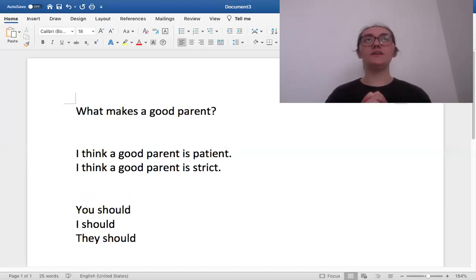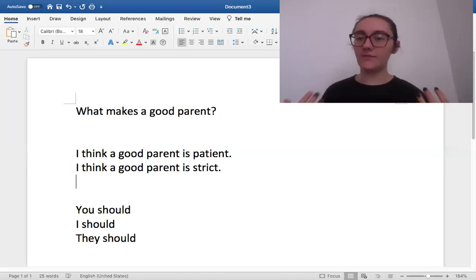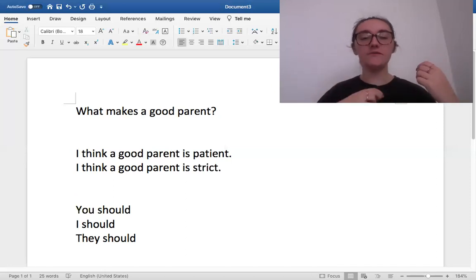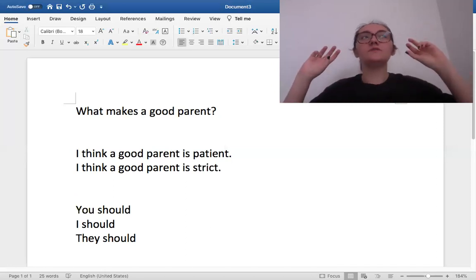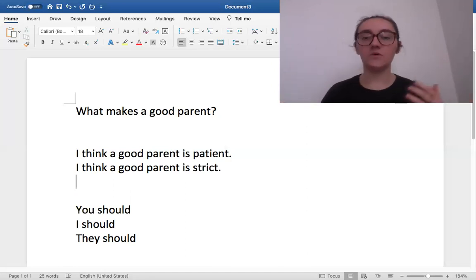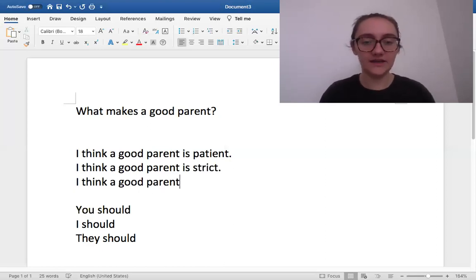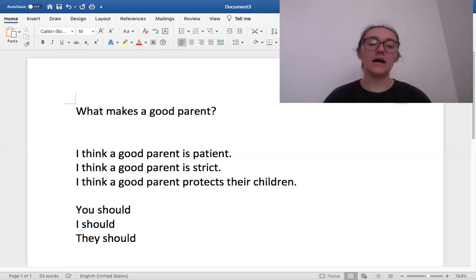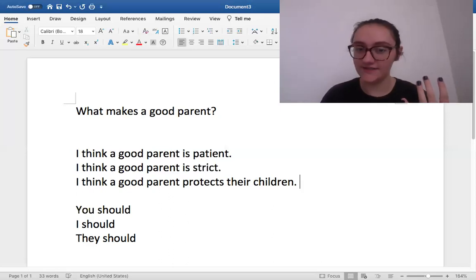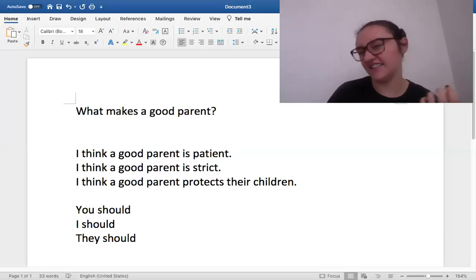So when you're trying to express yourself, you use adjectives, which are words that describe, but also you can use verbs. So I think a good parent protects their children. So that's something else that you could say. I think a good parent protects their children.